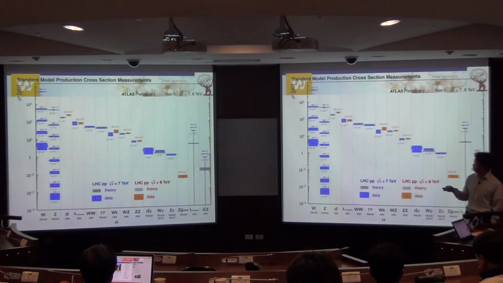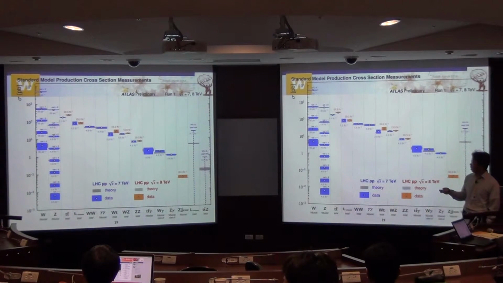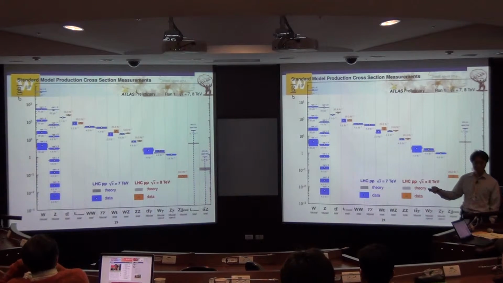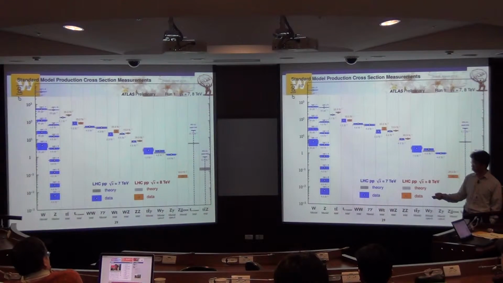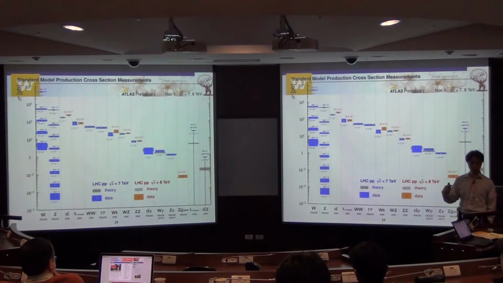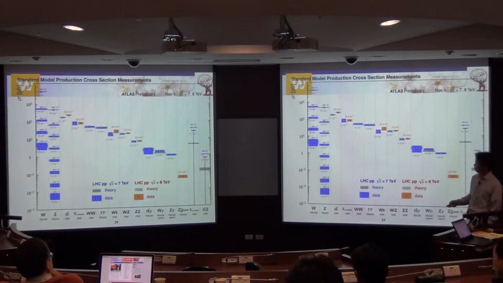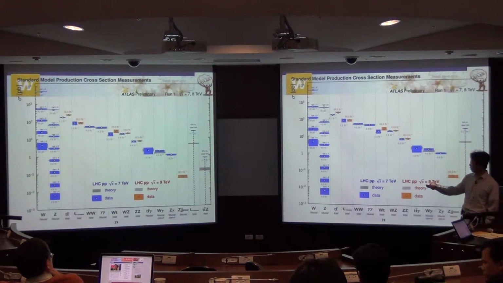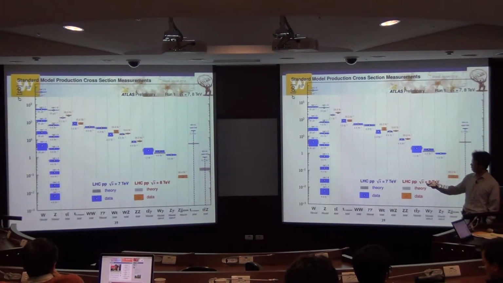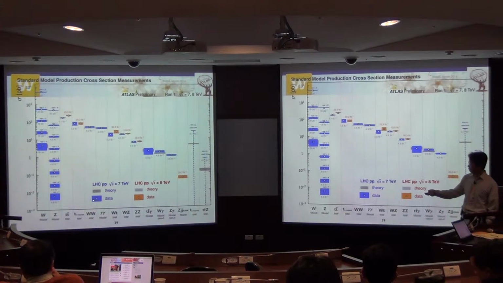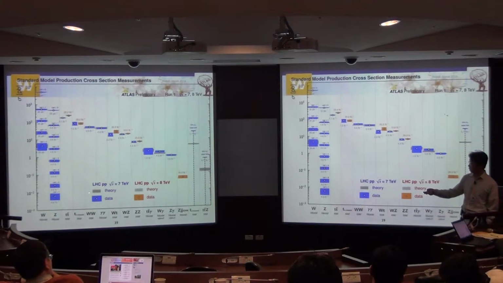How do I understand this plot? This plot is basically, the y-axis is the production cross section. The x-axis is all kinds of different channels predicted by Standard Model physics. So for each point here, we have the data measurement. For example, this data measurement includes the central measured value of the data and the data uncertainty.